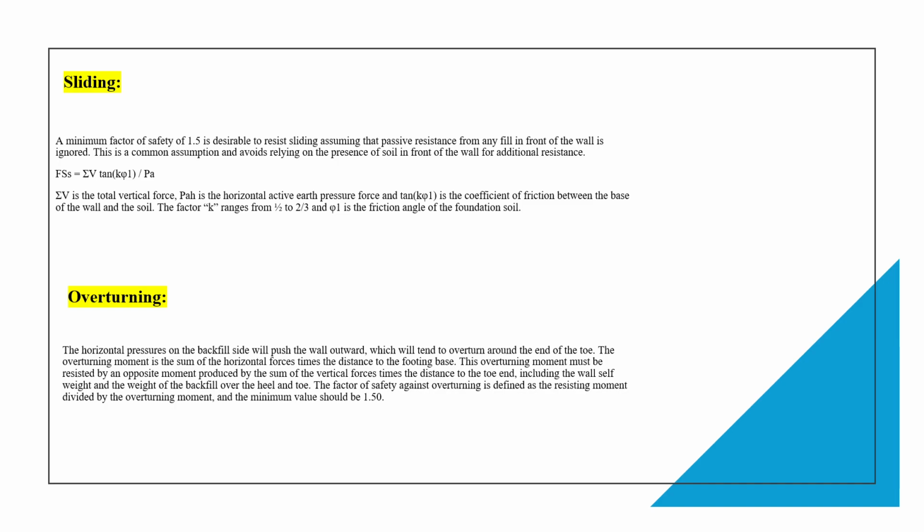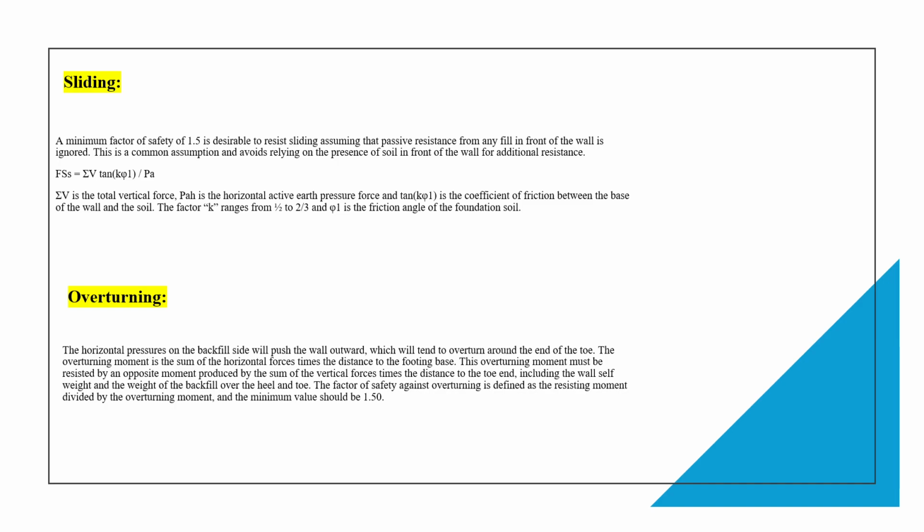And that is the formula: factor of safety against sliding equals sigma V tangent k phi1 times 1 divided by the earth pressure.